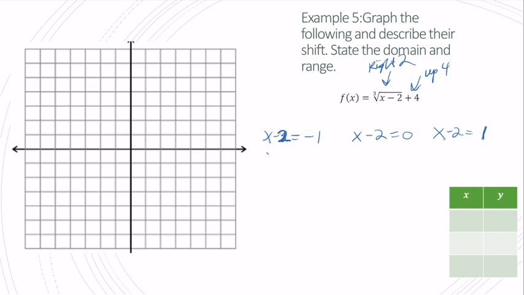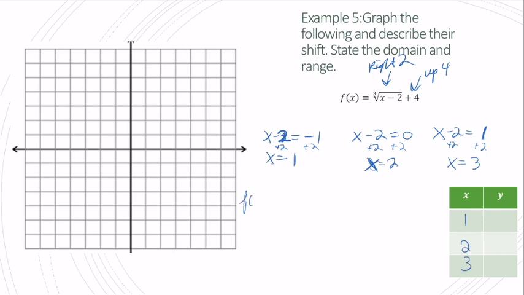So I'd have x is 1, 2, and 3. That's going to give me 1, 2, 3 to plug into my function.